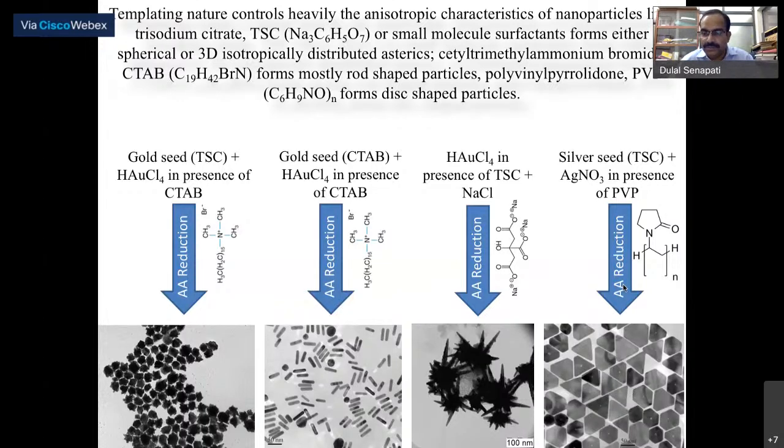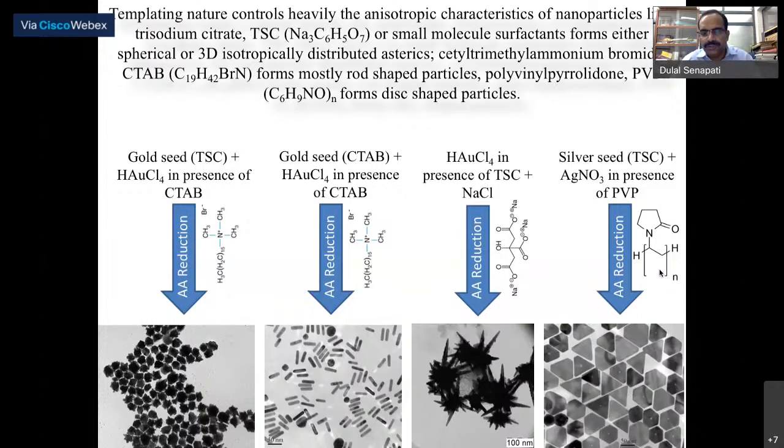Now by using different surfactants: the first is CTAB, the second is also CTAB, the third is trisodium citrate, and the fourth is PVP.